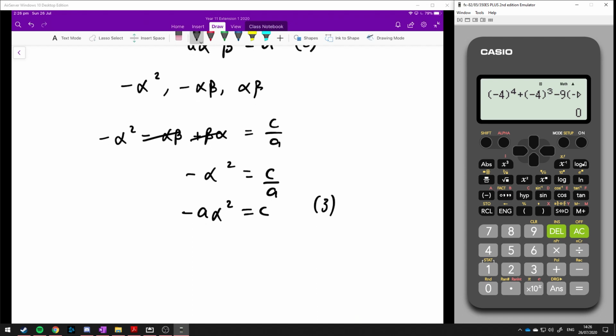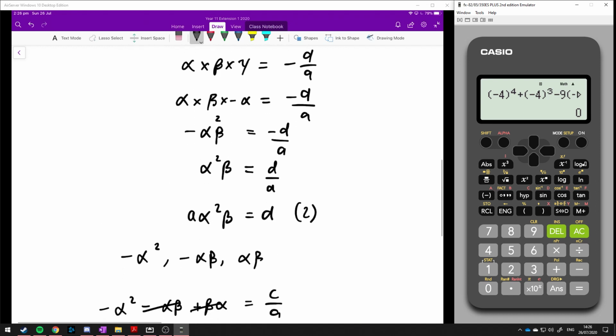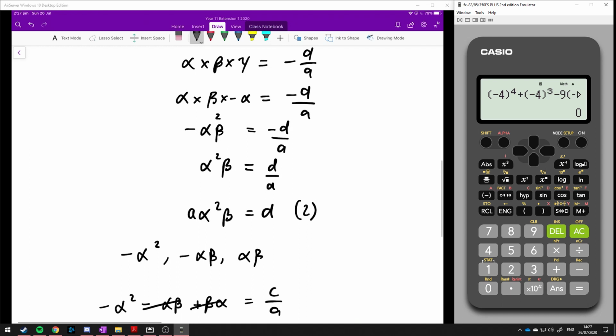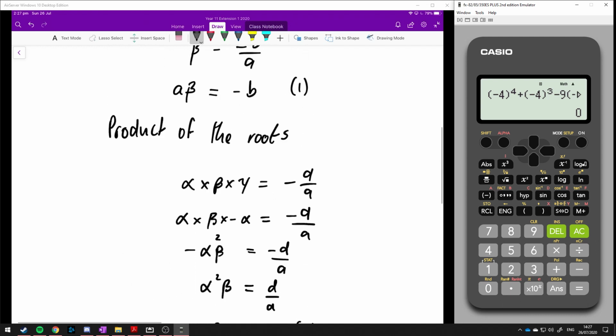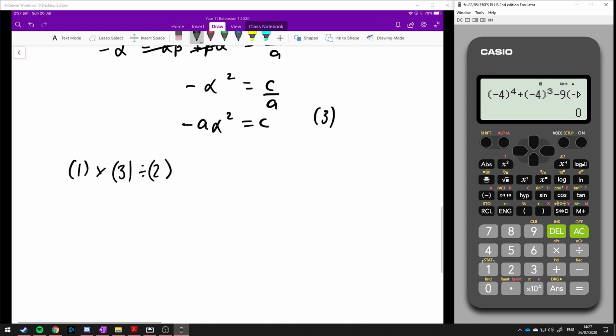Now, what we're going to do is we can solve these three terms simultaneously. Okay, so what we can do is push these all together to try and get them to be equal to something. So the way we're going to do this is we're going to combine these three identities by doing 1 times 3 divided by 2.